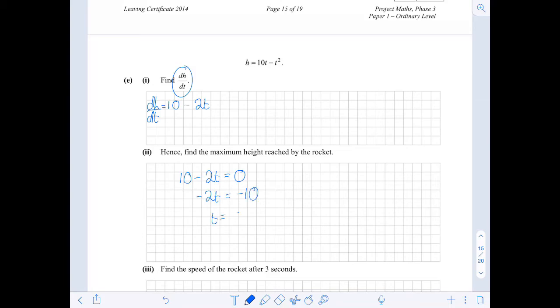So t must equal minus 10 all over minus 2. So t must equal 5. So 5 seconds. So the rocket reaches the maximum height it will get to after 5 seconds. So the distance from there to there is 5 seconds.